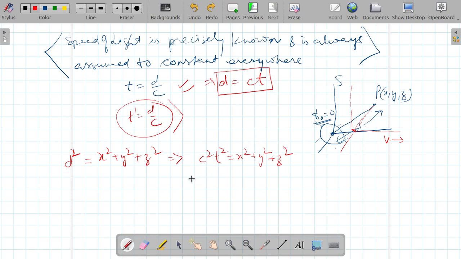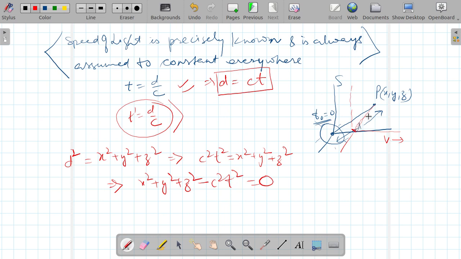Right? And let me rewrite this equation as x square plus y square plus z square minus c square t square, and it must be equal to 0.